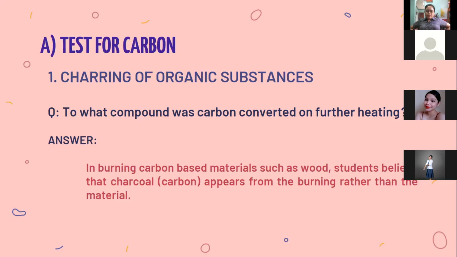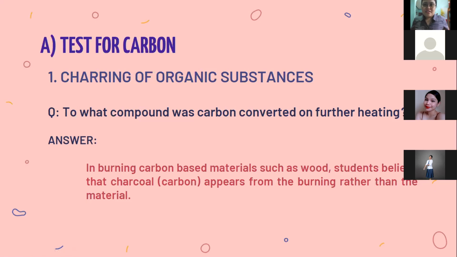And our answer is, in burning carbon-based materials such as wood, we believe that charcoal carbon appears from the burning rather than the material. If you don't know the meaning of charring, charring is defined as burning or reducing carbon. So that is the meaning of charring.